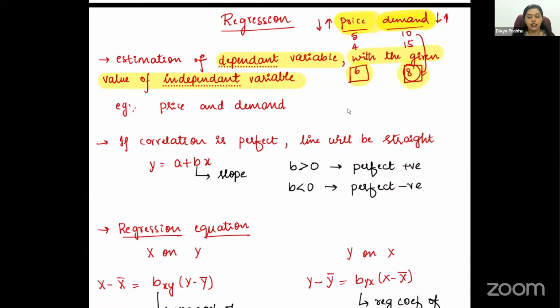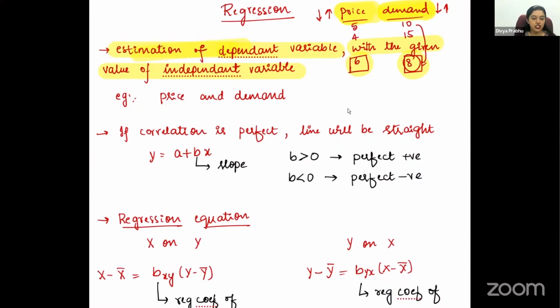This estimation is known as regression. Just like correlation, in regression also we will have bivariate data. You remember what bivariate data was? It is where we collect and analyze data for two variables together. So regression is basically the estimation of a dependent variable with a given value of an independent variable. Example: price and demand.